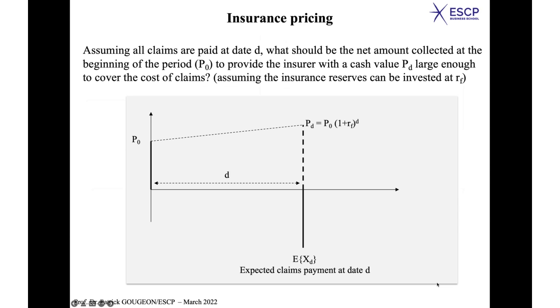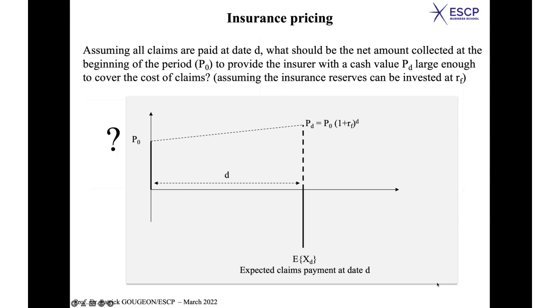And you don't know exactly, perfectly, how much you will have to pay. That's why insurance is a tricky business, okay? Because you need to calculate today an amount which you have to collect, P0, with an uncertainty concerning when you will have to pay and how much you will have to pay, okay? So let's see how we can handle this, okay?